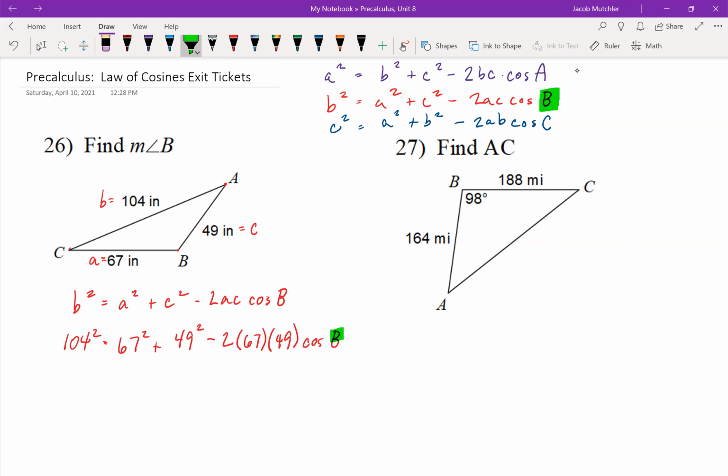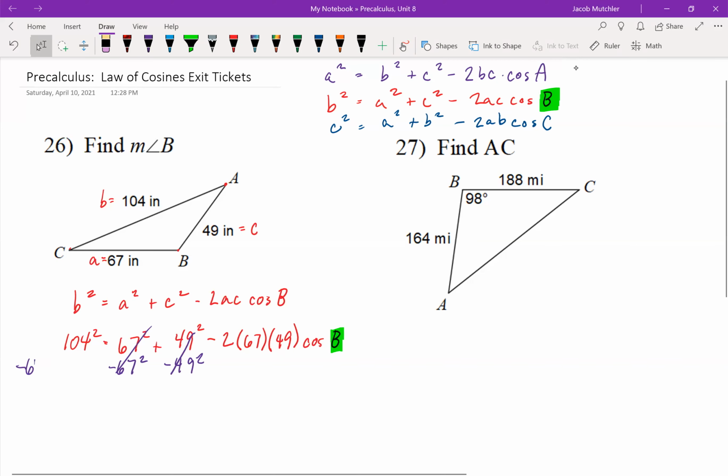What I need to solve for now is the angle B. So there's a couple things that I need to subtract and then a couple things that I need to divide. Start with the subtraction. So I'm going to subtract the squared terms to cancel them on the right, and they'll appear here on the left. So my next step will have 104 squared minus 67 squared minus 49 squared.